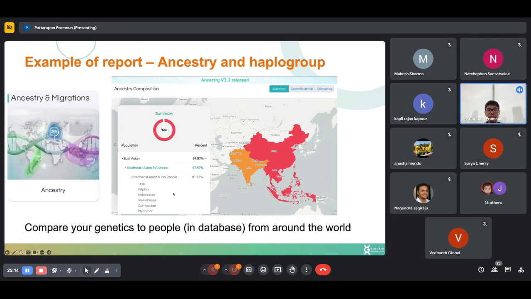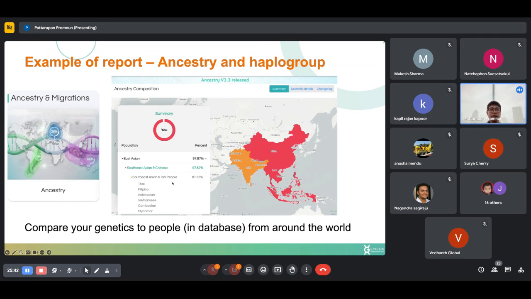We compare your genetics with other ethnicities, such as this is my report. It says that my DNA is shared 97% with East Asian people, and 97% is divided into Southeast Asia and East Asia. This means my DNA is comparable to East Asia and Southeast Asia.